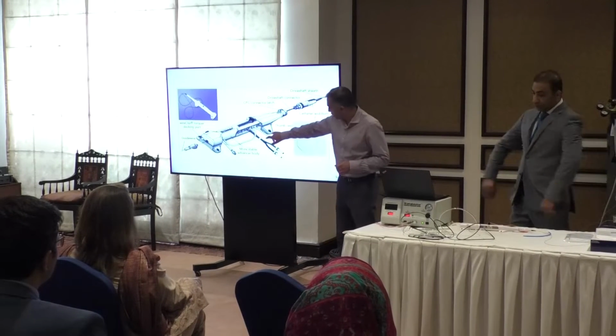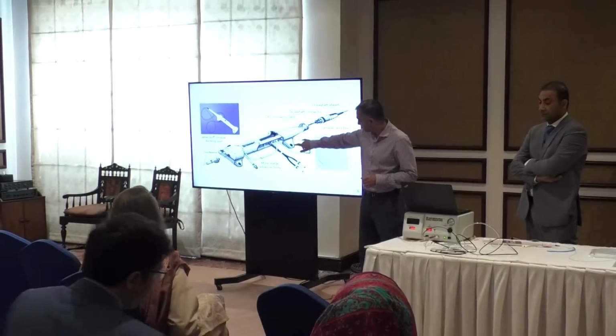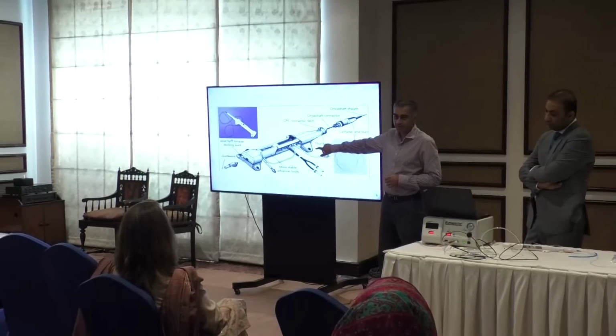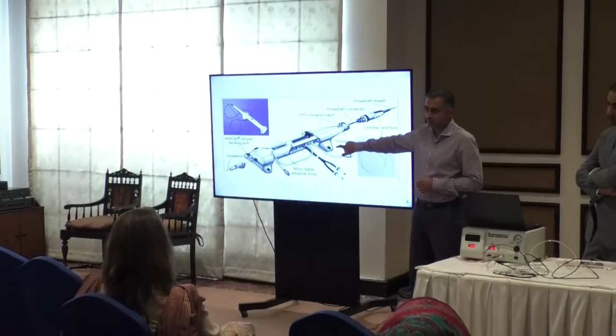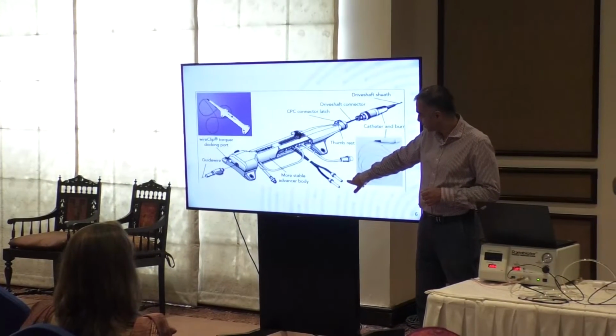So this is what it looks like when it comes out of the pack. What happens is that you have to have a good physiologist available, because they will sort out all your connections. And there are some important connections that have to be made.